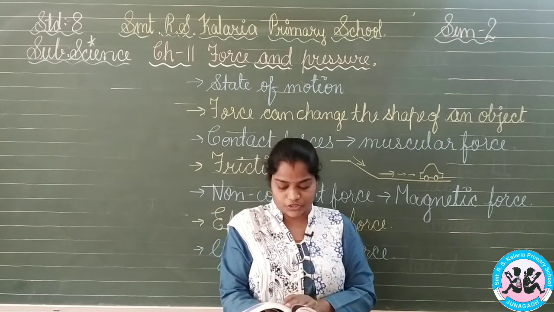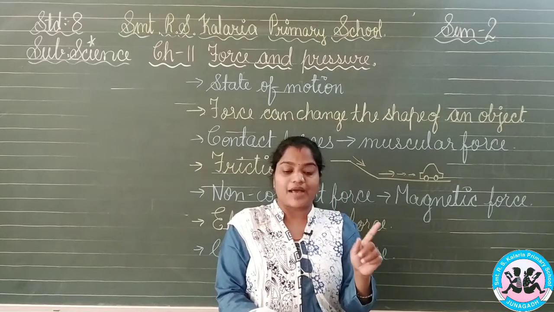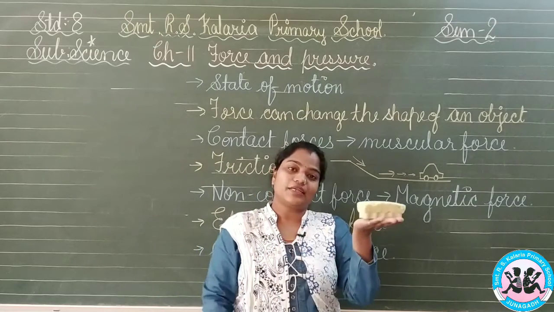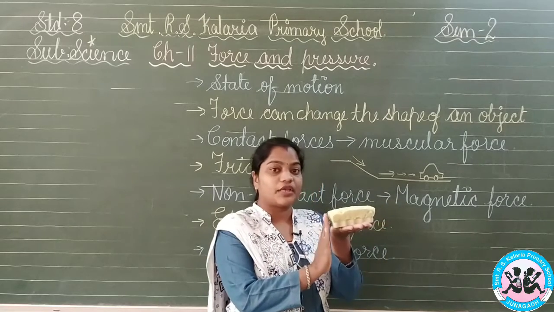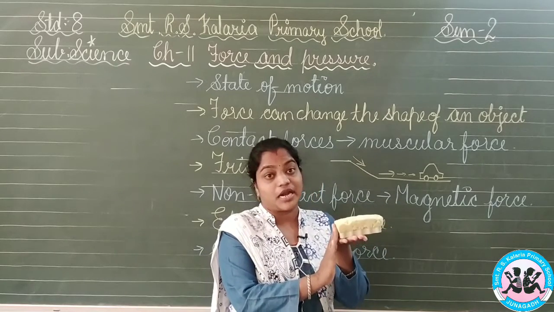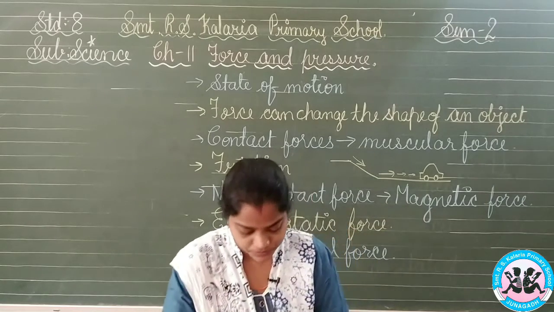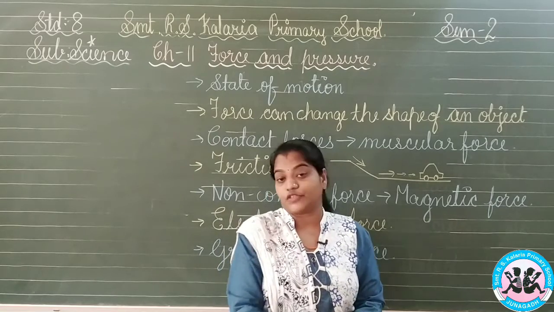The force of friction always acts on the moving object. If I have kept my duster over here, do you think that the friction is acting on it? Not at all. But when I start moving it, at the same moment the friction will start acting on the same duster. And its direction is always opposite to the direction of the motion.